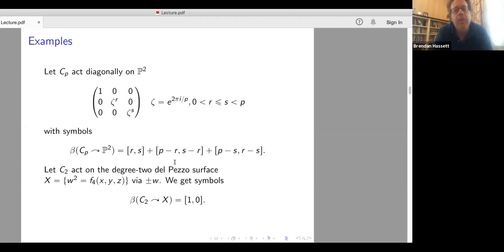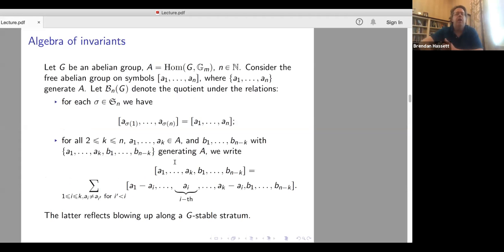Okay, so now the next slide will hopefully clarify things for Bjorn if I didn't do a good job in my answer. Let me sketch the overall algebraic structure of the invariants here. Let G now be an abelian group, a finite abelian group of course, and let A be the characters of that.